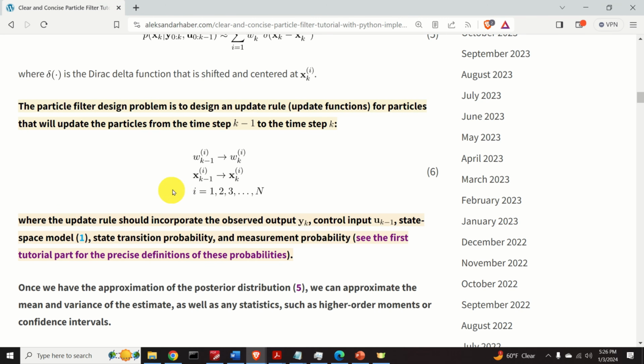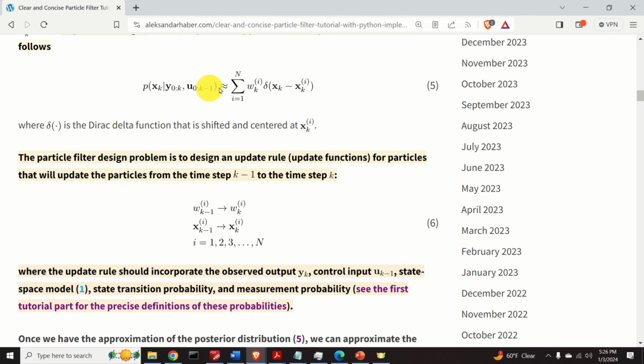Here, the update rule should incorporate the observed output, y_k, the control input, u_{k-1}, and our state space model, as well as the state transition probability and the measurement probability. We introduced the state transition probability and measurement probability in the first tutorial part.